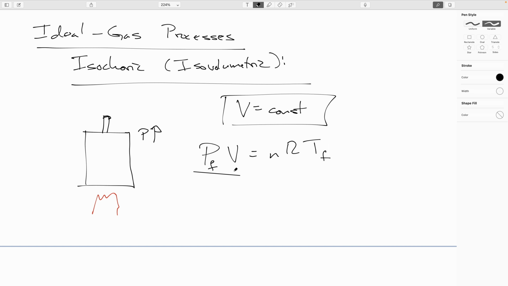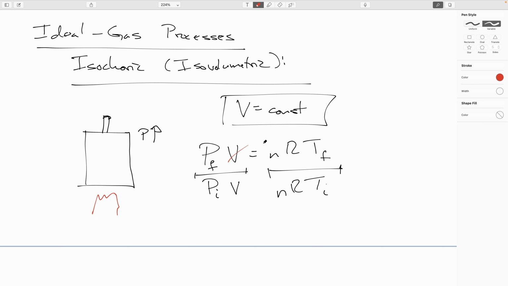Now what I can do is divide the left-hand side by P initial times the volume, as long as I divide the right-hand side by that, which I'll write as nRT initial. So I've written the ideal gas law twice: once for the final state after I turned on the Bunsen burner, and the initial state before I turned on the Bunsen burner.